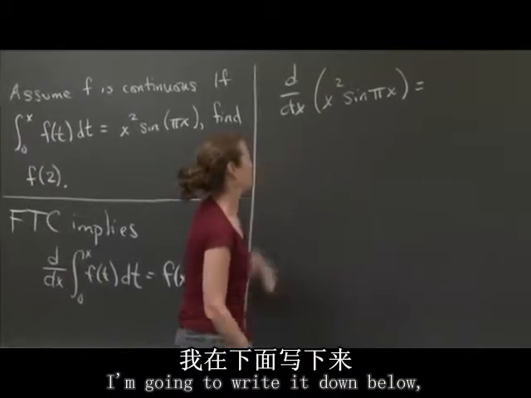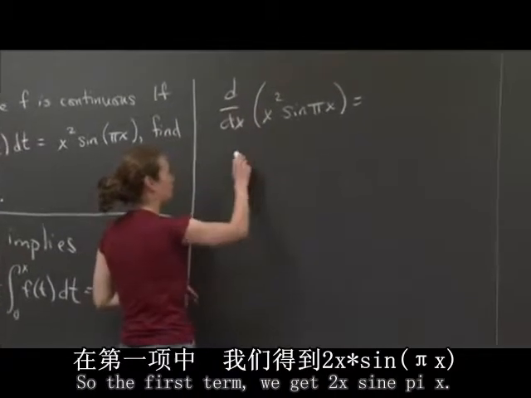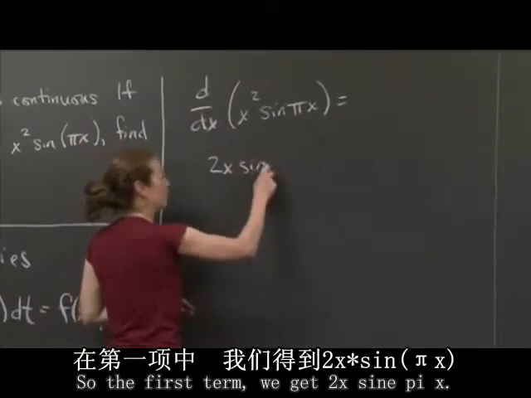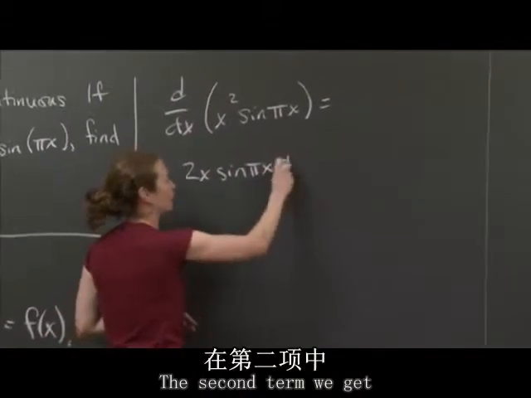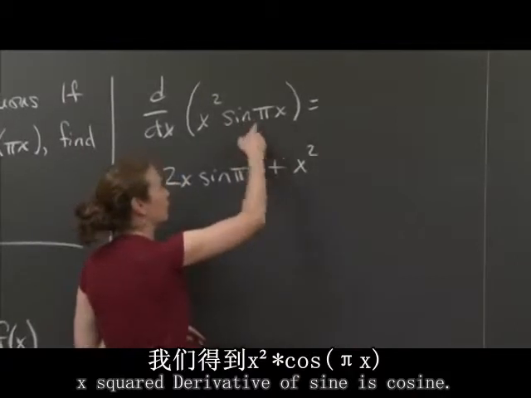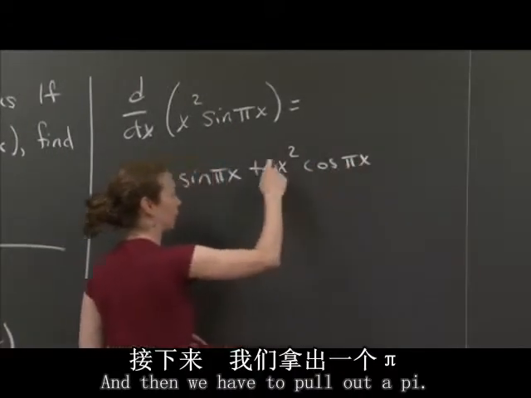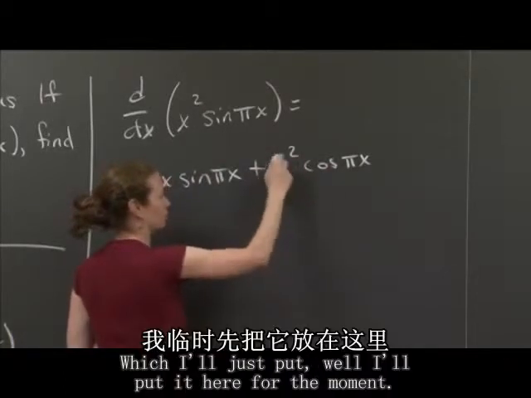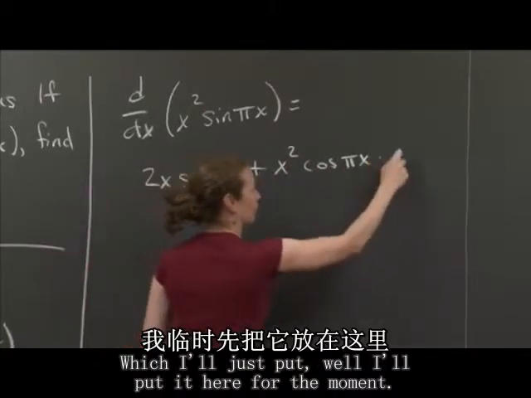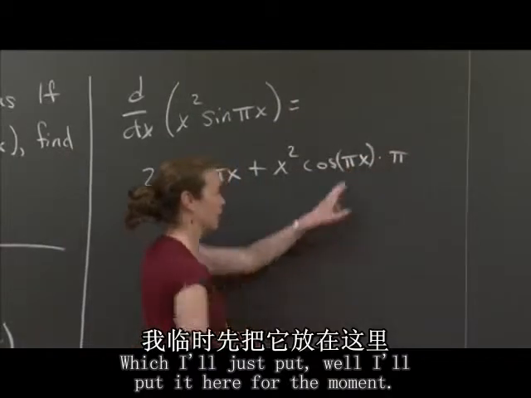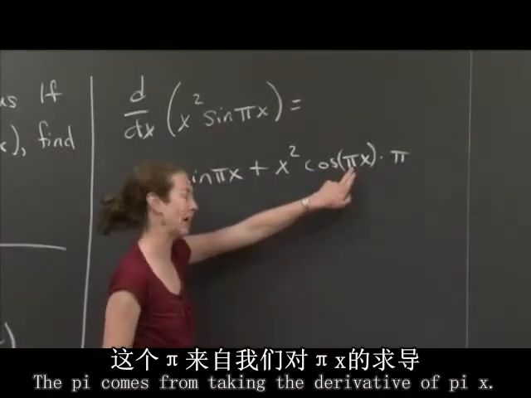I'm going to write it down below so we have some room. The first term, we get 2x sine pi x. The second term, we get x squared times the derivative of sine, which is cosine pi x, and then we have to pull out a pi. The pi comes from taking the derivative of pi x.